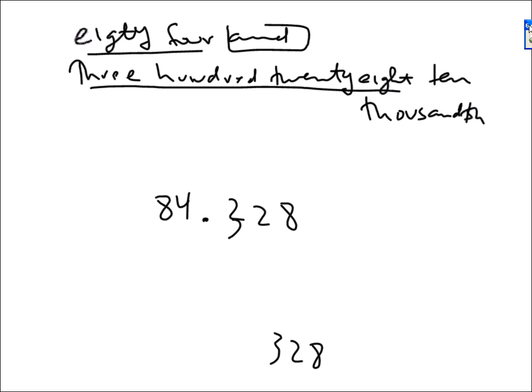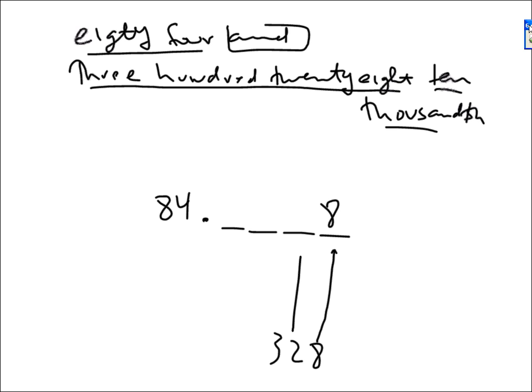84.328. Nope. That may be right, but that would be a coincidence. You go to the 10,000ths position. Tenths, hundredths, thousandths, 10,000ths. And the 8 goes there, and the 2 goes there, and the 3 goes there, and there's an undisturbed 0, or if there's any spaces left over, put a 0.